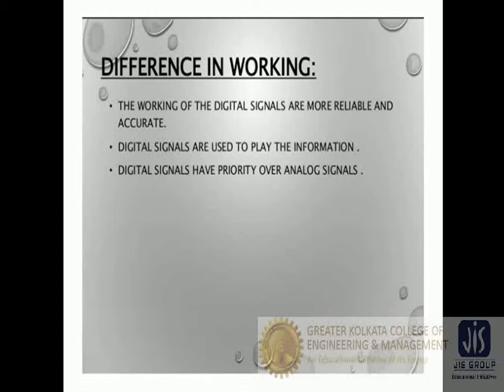Digital signals have priority over analog signals. That means the digital signal is more famous than the analog signal because the digital signal can be processed or used in an easier fashion than the analog signal.